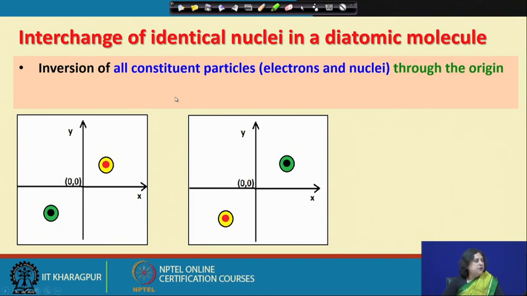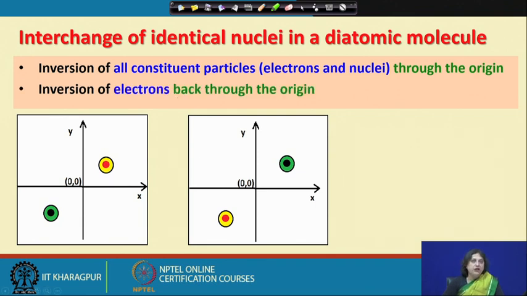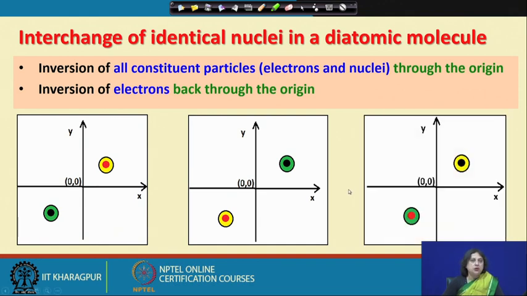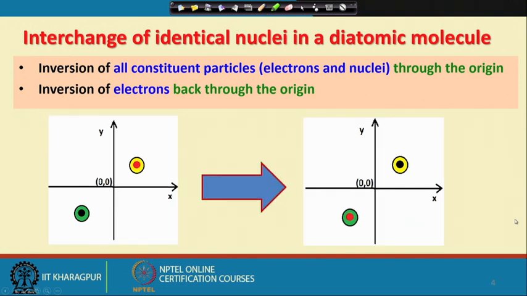After this, we have a second step of inverting the electrons back through the origin, and this is what we get. Now, if I compare these two pictures, through this interchange of the nuclei, starting from this highly simplified structure, I have landed up in a structure like this, where it is the same electron density at these two positions, and the same electron density at these two positions, but only the nuclear positions have been exchanged.